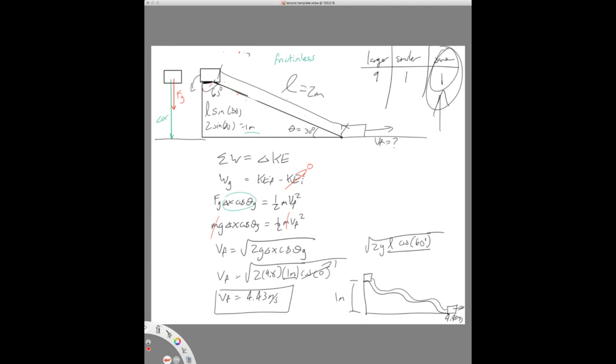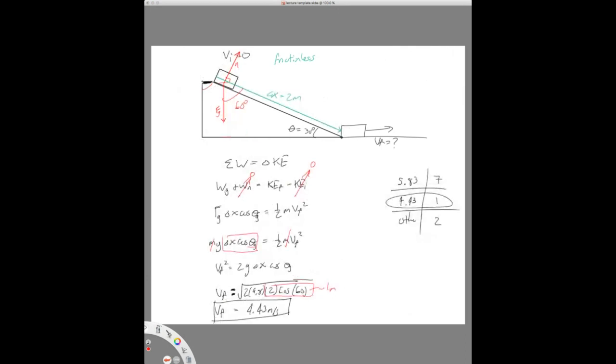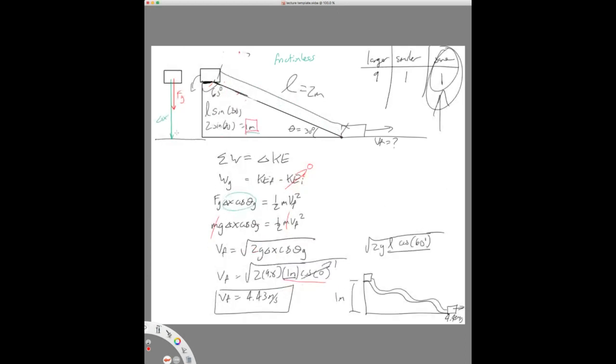And when we did it the other way, we had to develop that the height was 1 meter by using some trigonometry on this triangle. But in both cases, the number that actually goes into the formula, delta x cosine of theta g, wound up being only 1 meter, which is precisely how far the thing falls, or delta y.